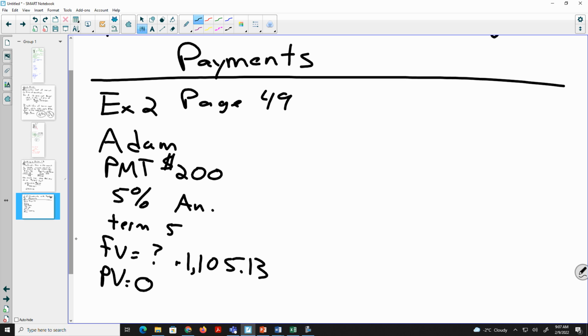If you made that monthly, though, so let's say he did monthly for 5 years, so that's 60 payments of $200. Now look at your future value. Oh, hello, right? It's just about $71,000.